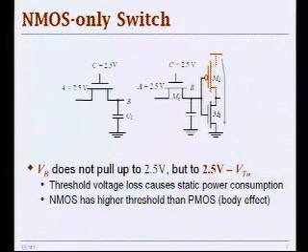But in this case, if the input is not going up all the way to VDD, what can we say about the PMOS? Can we really switch off that PMOS transistor? What's the requirement to switch off the PMOS transistor? The gate source voltage should be very much less than its threshold voltage.